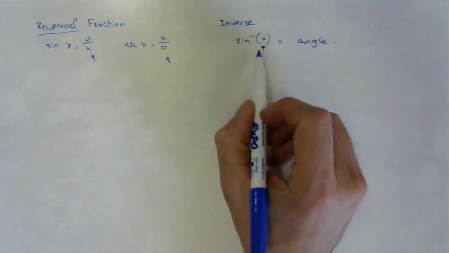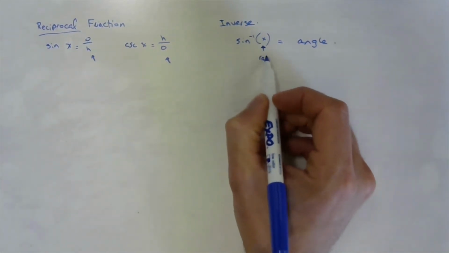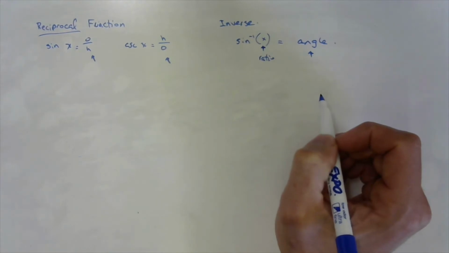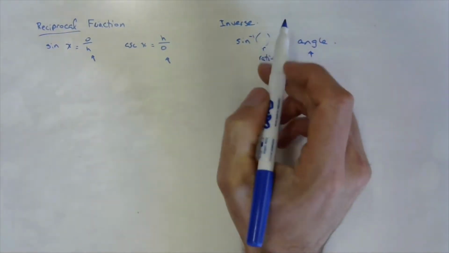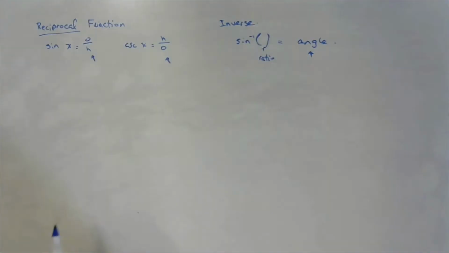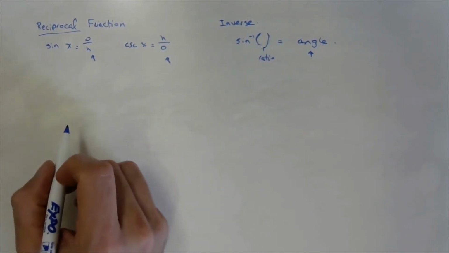Over here, the inverse of something. Here, this is the ratio. You already have the ratio. You're going to get out an angle. Okay? And we'll write the notes, and then hopefully that makes a little bit of sense.